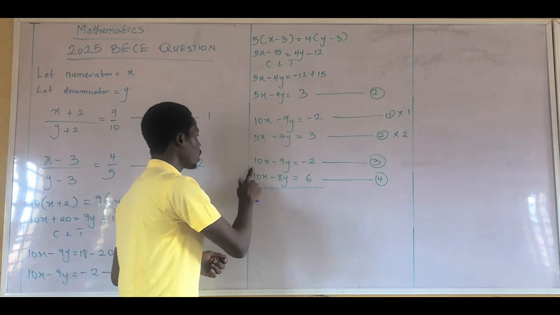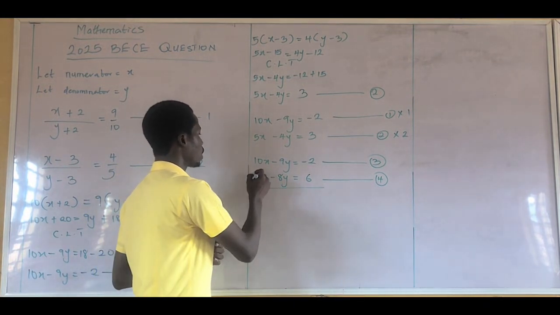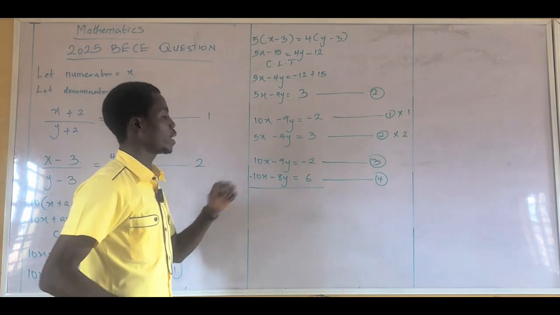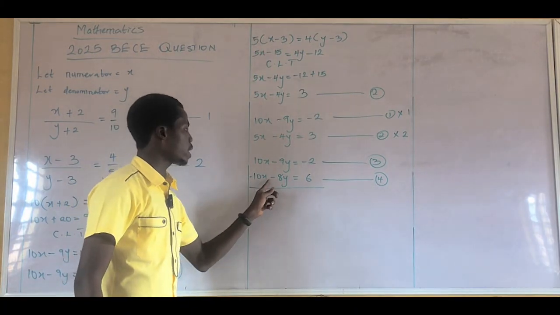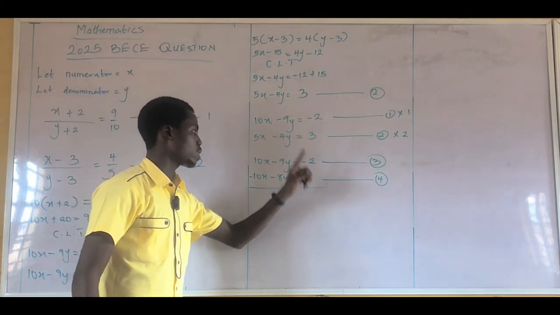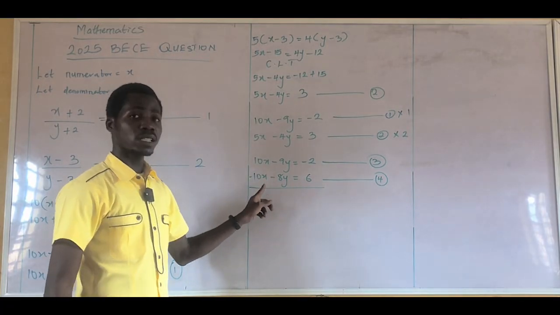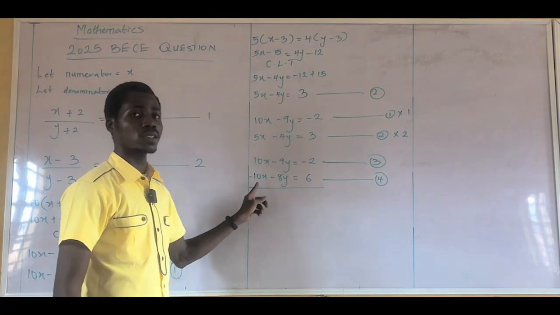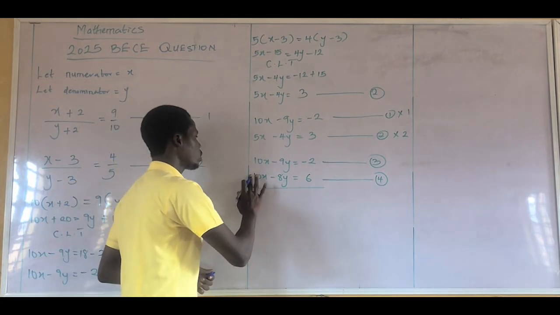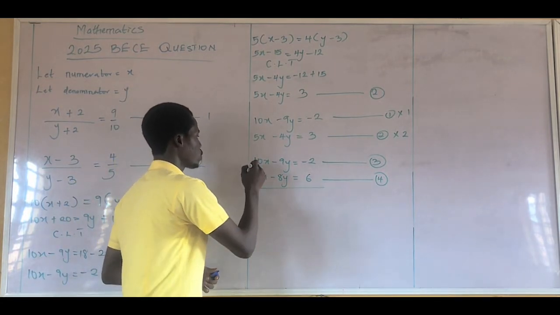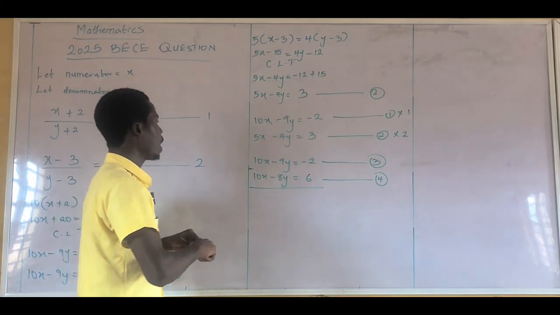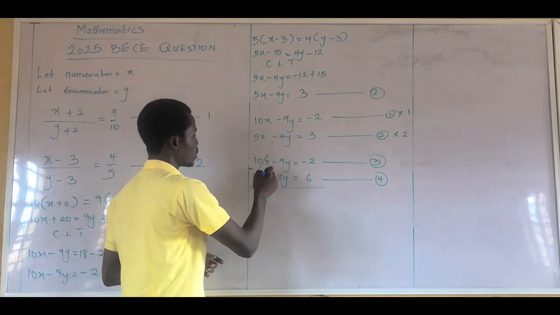For example, if what we have here initially is a negative 10, for example, we have minus 10x minus 8y equals 6. If we want to eliminate our x in this case, that means we have to add this equation. But since we don't have a negative, we have to just subtract directly.